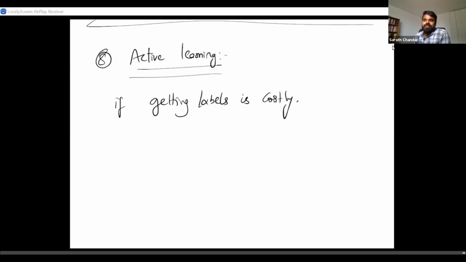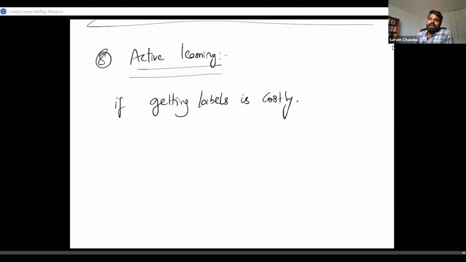It could be a medical application where every labeling requires costly tests to perform, or a complex industrial application where labeling something requires huge domain expertise, and maybe we are lacking in the number of domain experts. In such situations, we could use active learning.